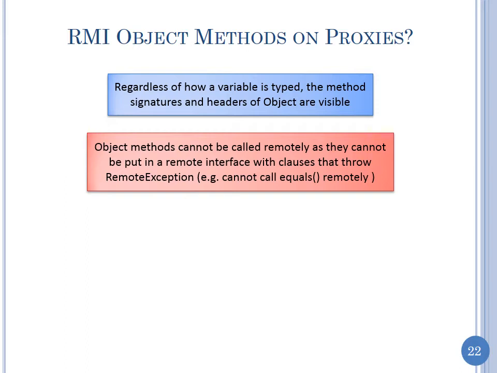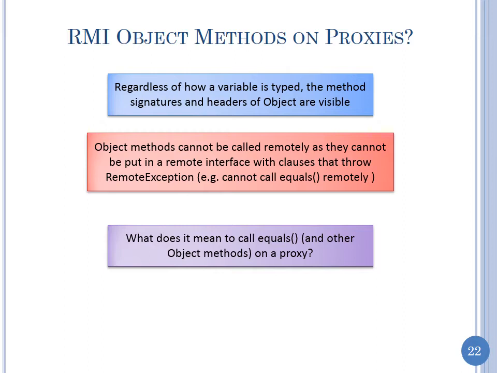It was generated by Java, by RMI. So RMI has to somehow figure out what the proxy class's methods do. So our question is, what does it mean to call equals and other object methods on a proxy?